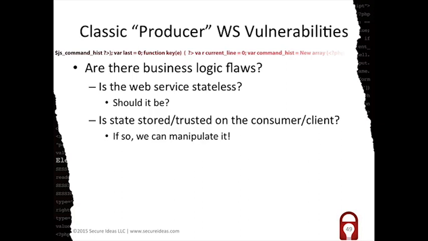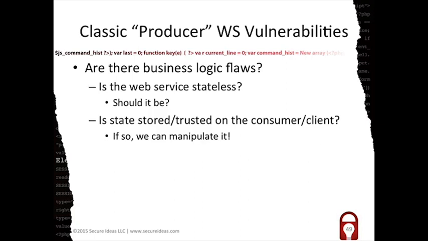And if you're able to rearrange that order somehow, you may be able to total up the cart, then add things to it, and then pay for it and ship. So if you're able to rearrange that order somehow, you may be able to get some free stuff, right? That's a classic example of a logic flaw. But they're all over the place.